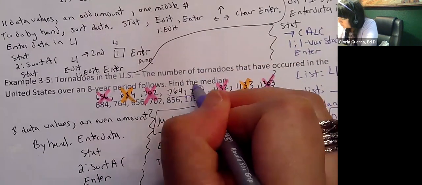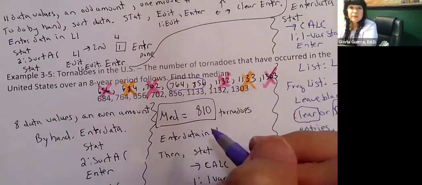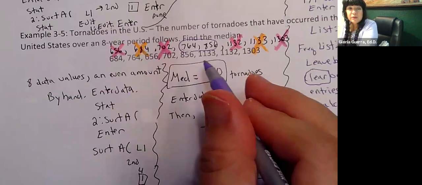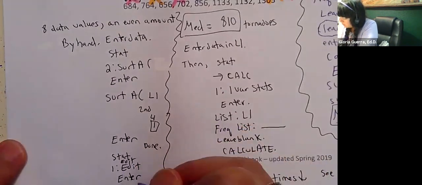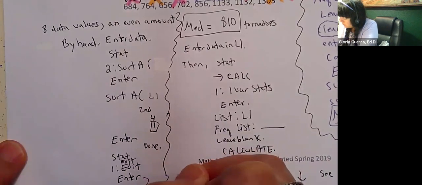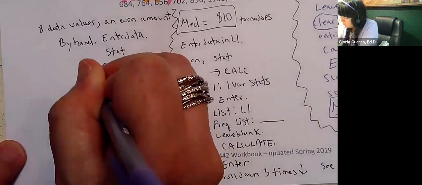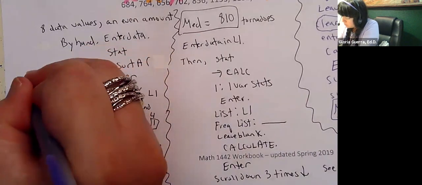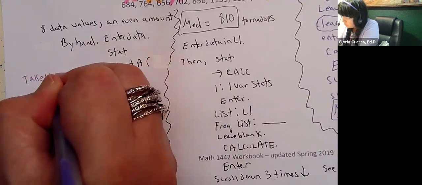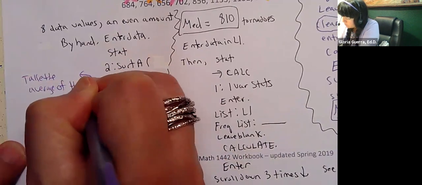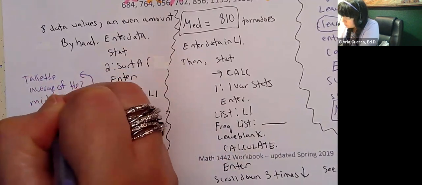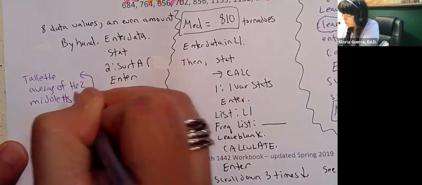When you're doing it by hand, you have to take the average of the 2 middle numbers when you have an even amount.